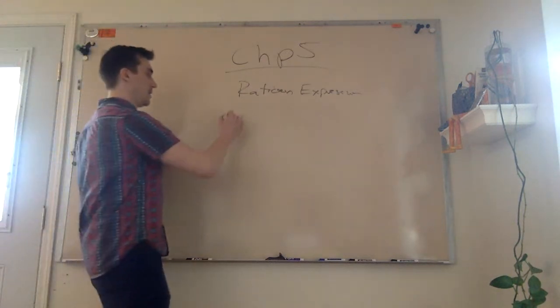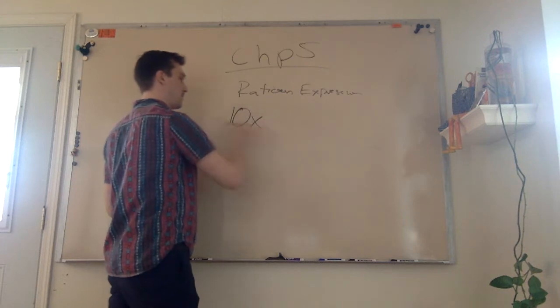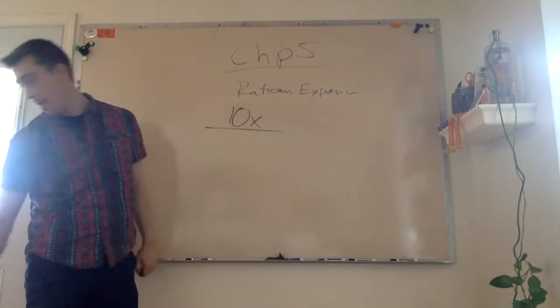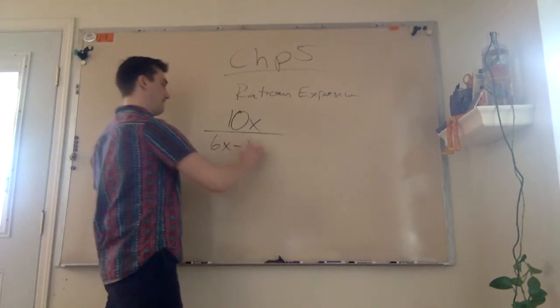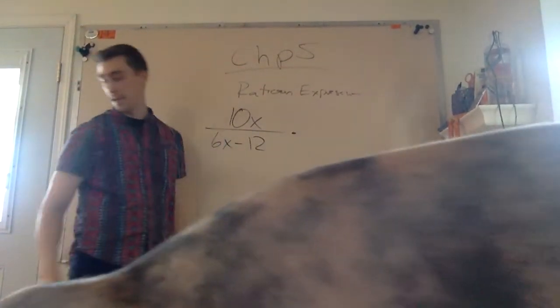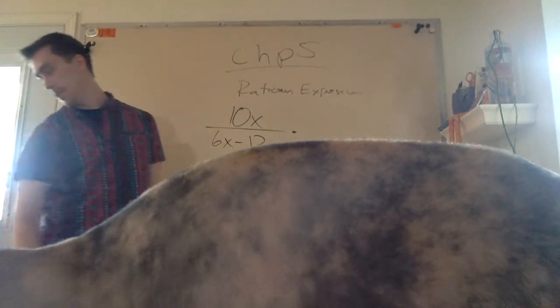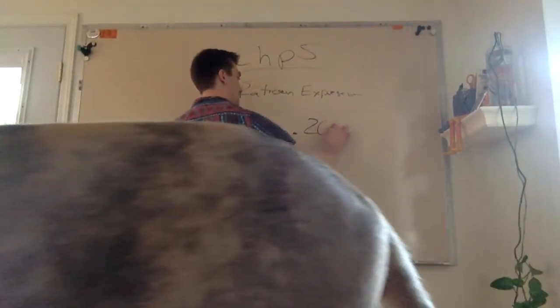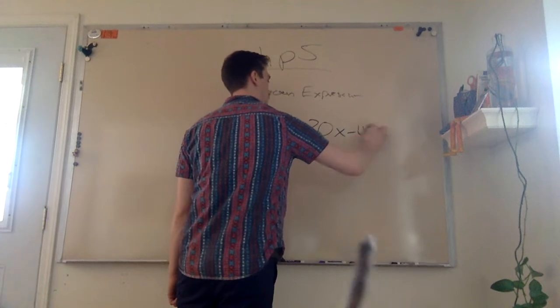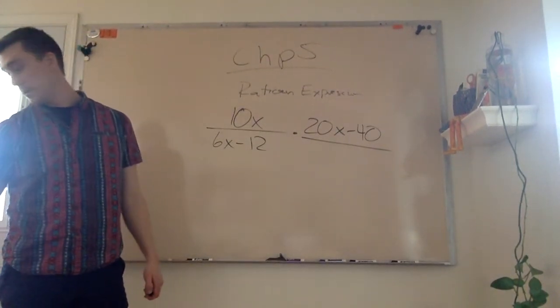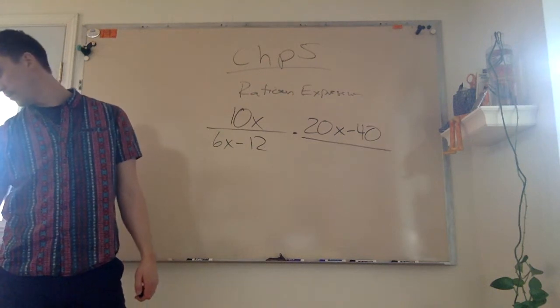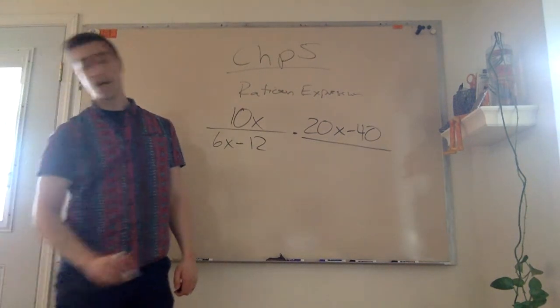How about 10x divided by 6x minus 12, multiplied by 20x minus 40, divided by 30x^3.